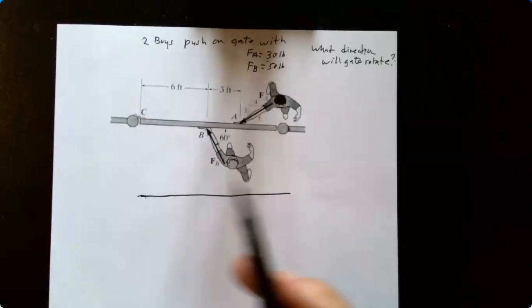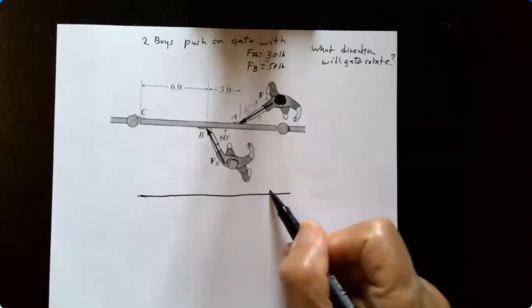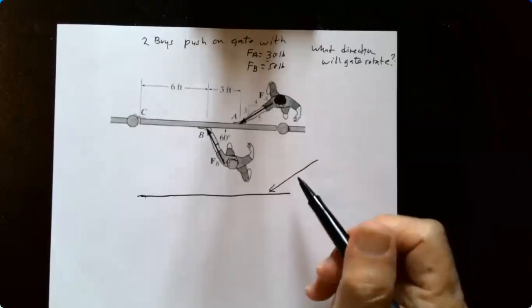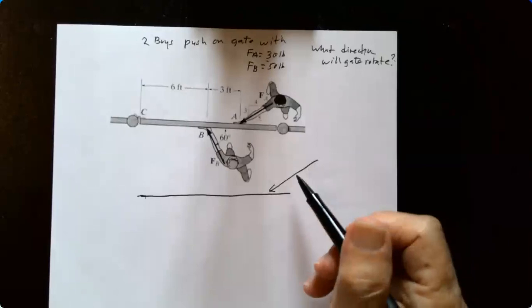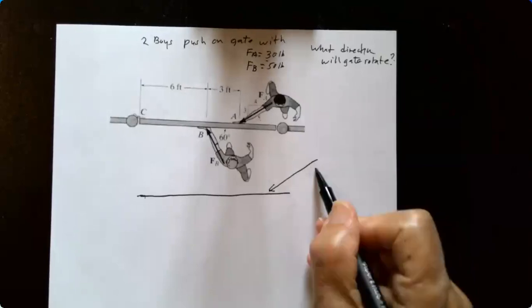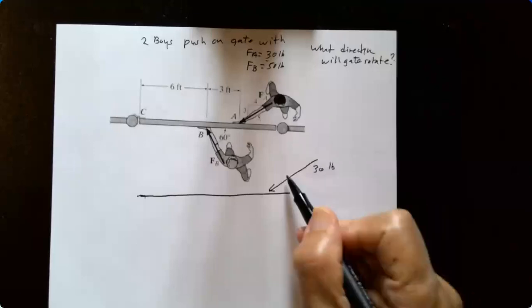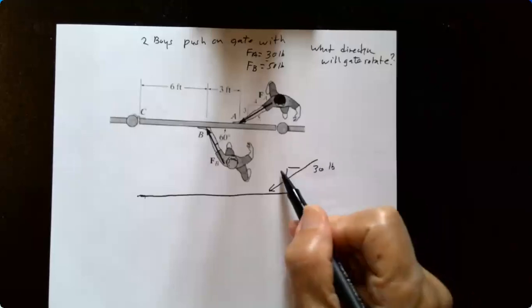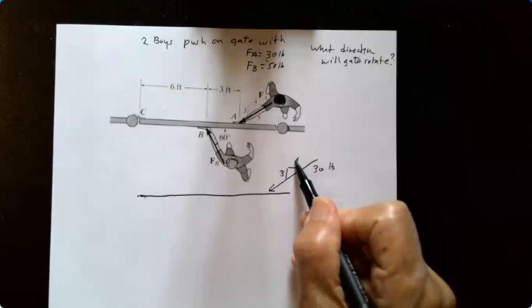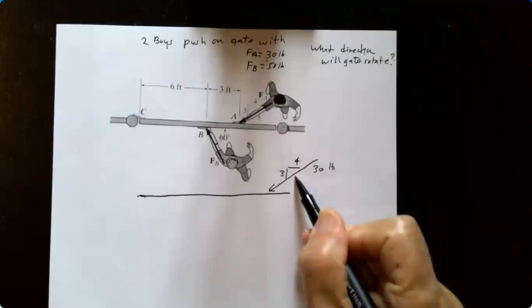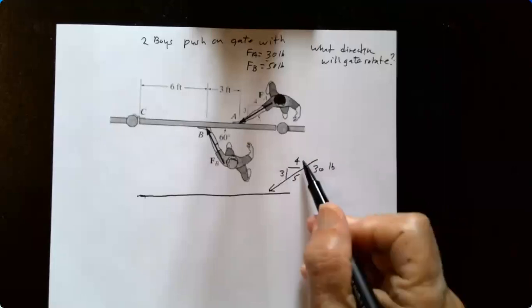There's my gate. This is the force at A. This is 30 pounds. Even for this simple problem, it makes it a little bit clearer just to draw the free body diagram. You'll see everything else, we definitely will draw a free body diagram. It says 3, 4, 5 slope.